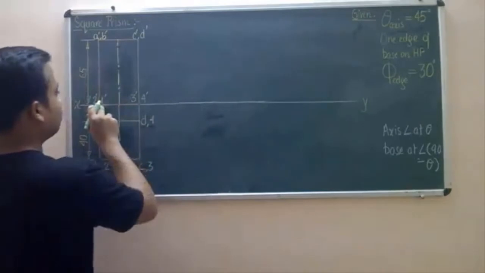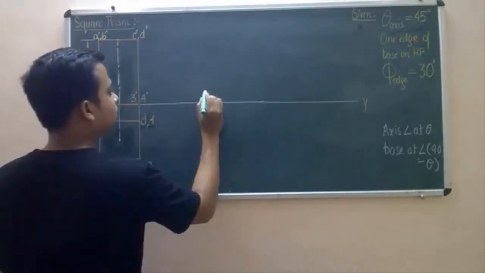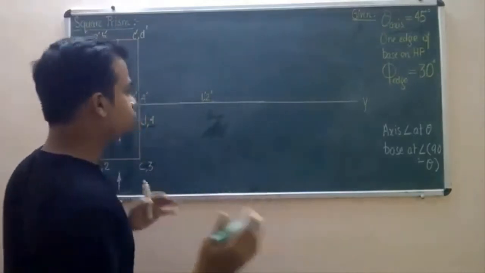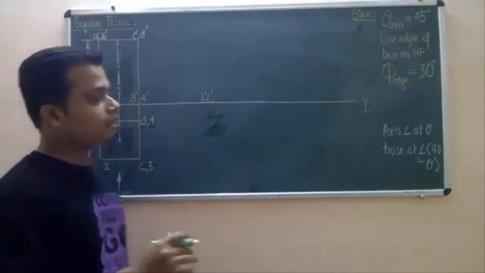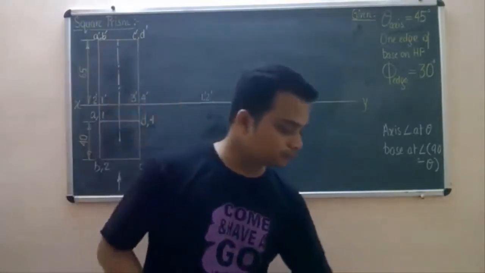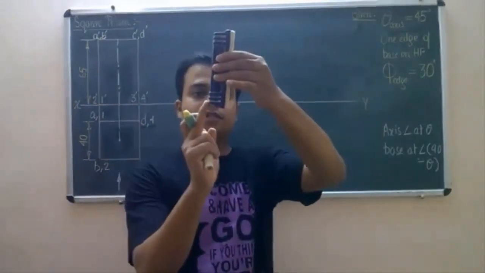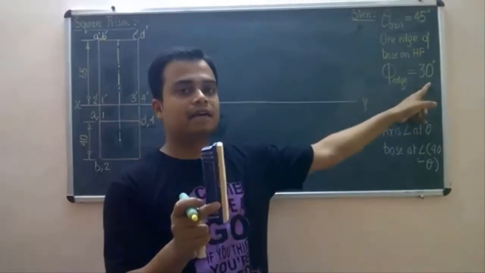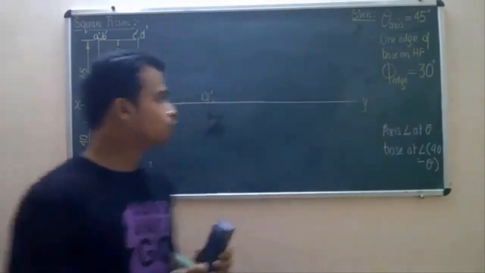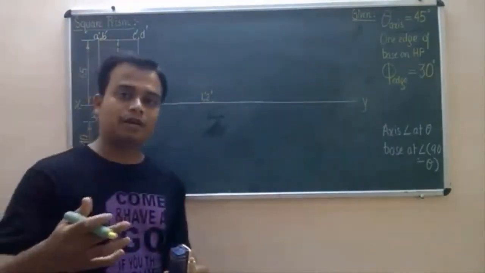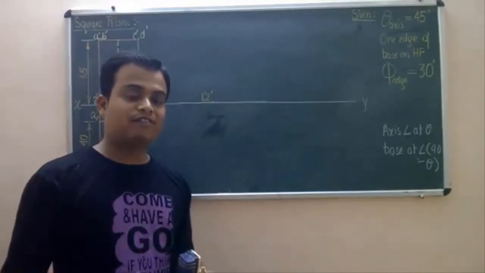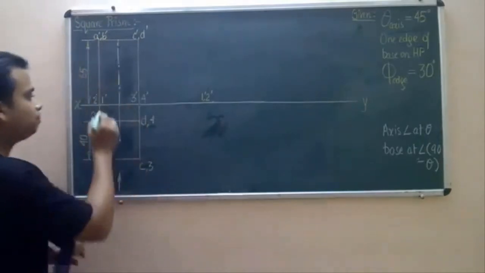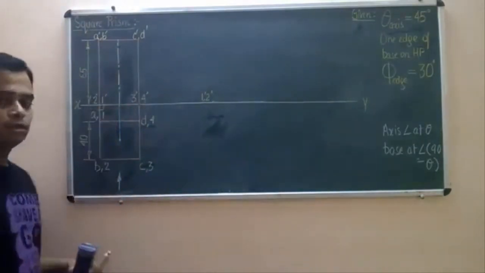This point over here, 1 dash comma 2 dash. One more thing which I forgot to mention to you guys is that there is a particular edge on the base, say this edge, which will make a certain angle, that is a 30-degree angle with the vertical plane. So any edge or side which finally makes a certain angle with either HP or VP has to be kept perpendicular to XY.